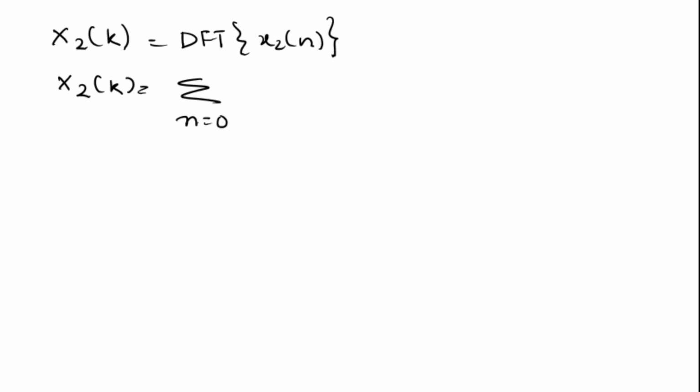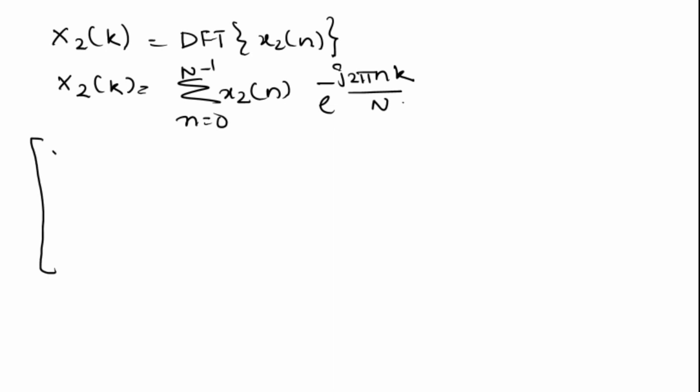Next, we have to find out x2 of k, which is equal to DFT of x2 of n. That is, x2 of k is equal to summation n is equal to 0 to n minus 1 x2 of n into e power minus j 2 pi nk by n. Once again, we can use the matrix method to find x2 of 0, x2 of 1, x2 of 2, x2 of 3.